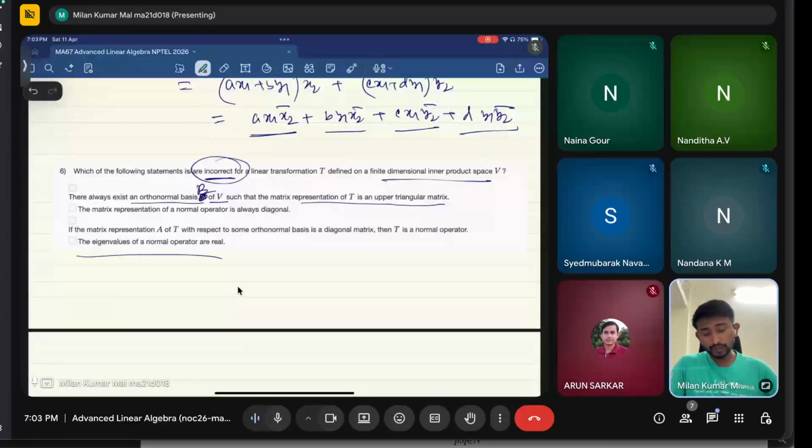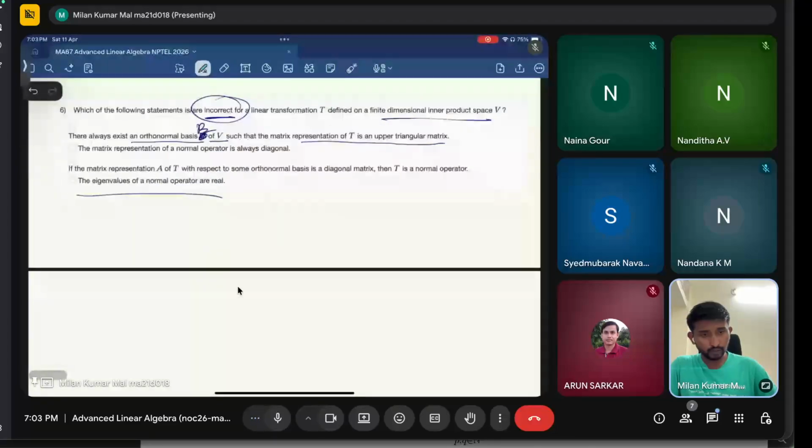Let me recall one very old theorem which we have already used, when I was not going to the inner product space at that time.